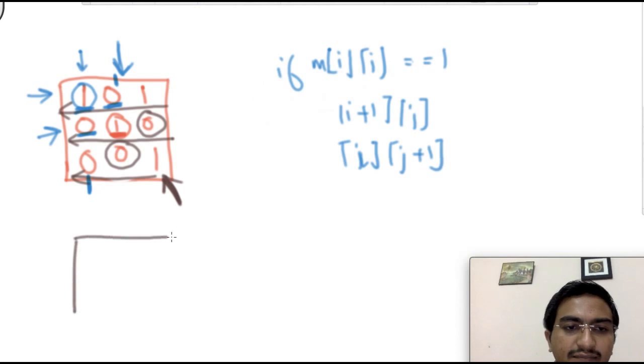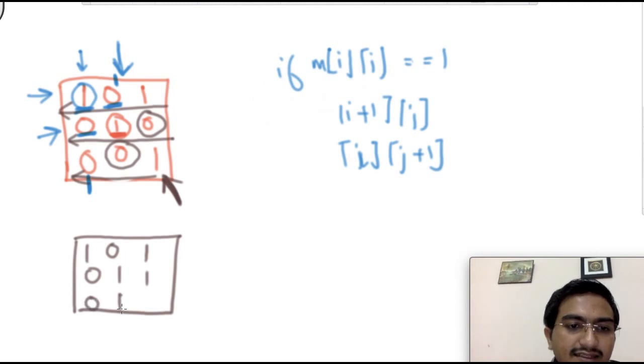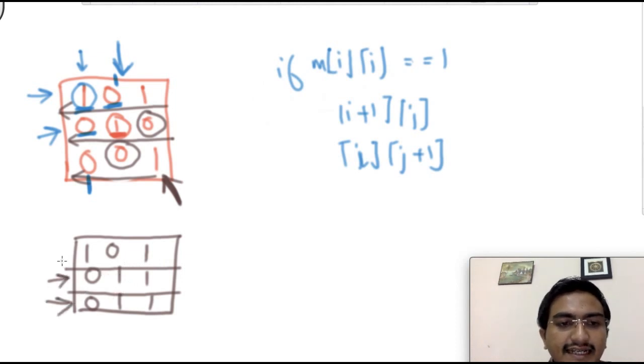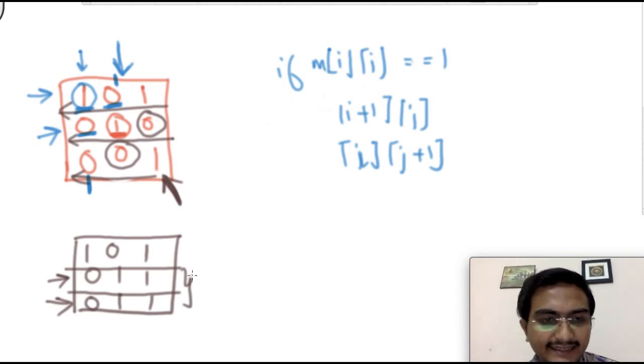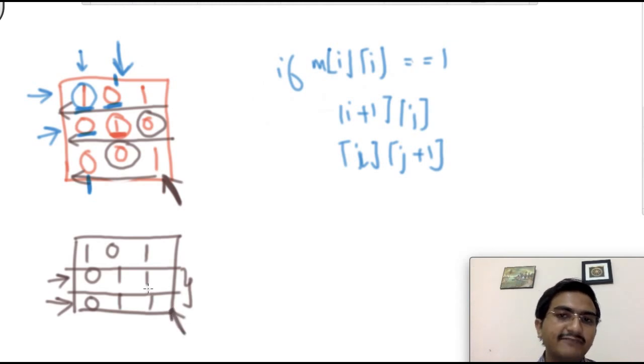Suppose in the previous example it was something like this, and this row is correct, and this row is also correct, then this part of the grid is perfect. So what you can do is just iterate from one corner and check for i plus 1 and j plus 1. And then I think that should do the case.